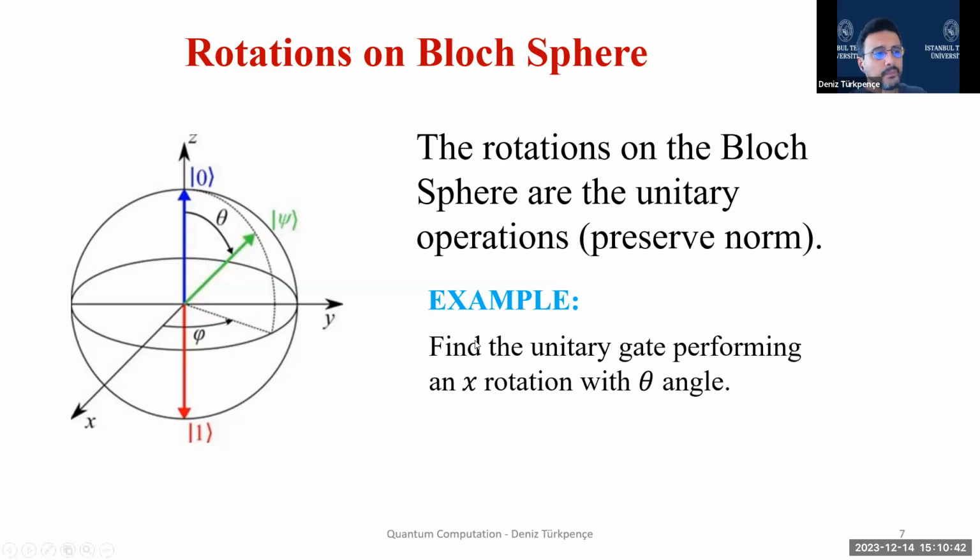Let's make an example. Find the unitary gate performing an X rotation with theta angle, okay? Just like this. If you want to rotate this initial vector, or our state in an initial state 0, so this is the x-axis, and if you rotate this just like this, this initial vector will become this final state with angle theta.